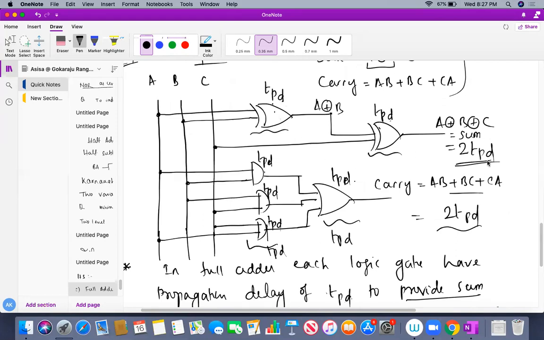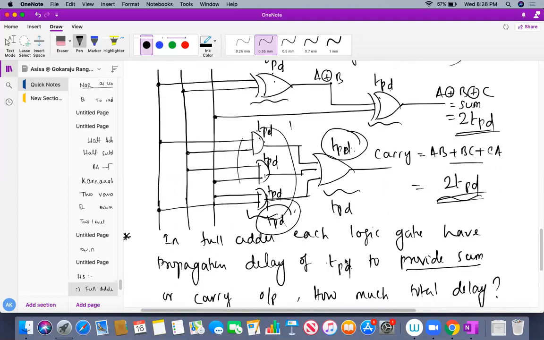Similarly, these AND gates take 1 TPD, because I apply A, B, and C to all 3 AND gates at the same time. So they all give me the result at time TPD. Finally this OR gate gives another TPD, so TPD plus TPD is 2 TPD.